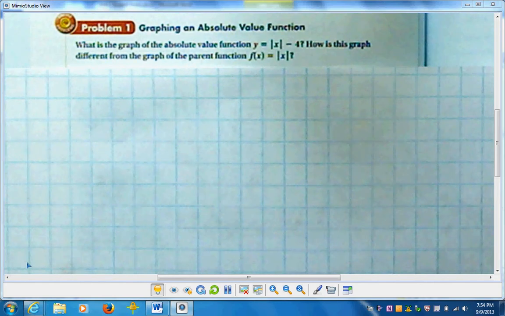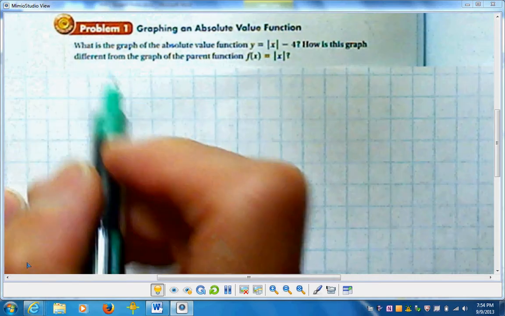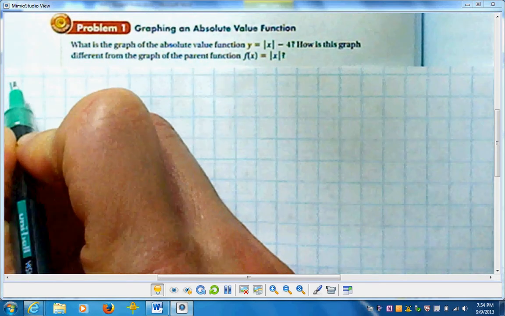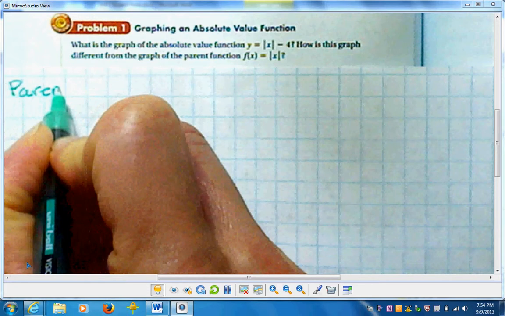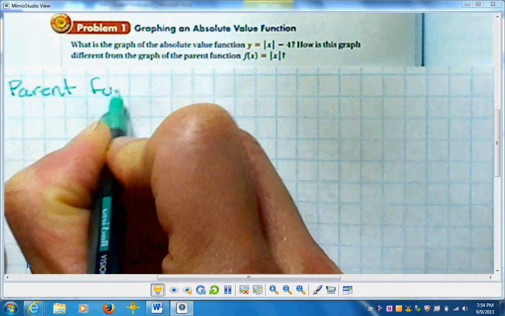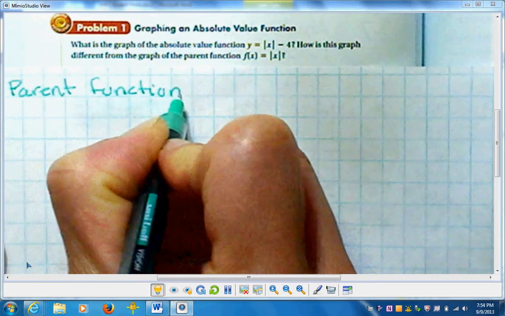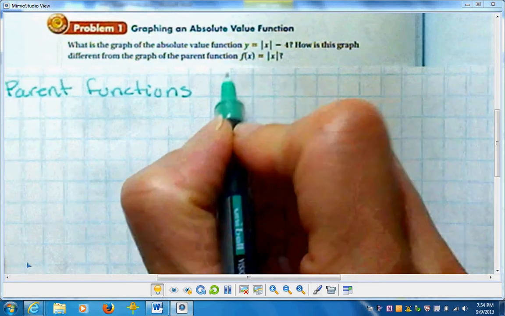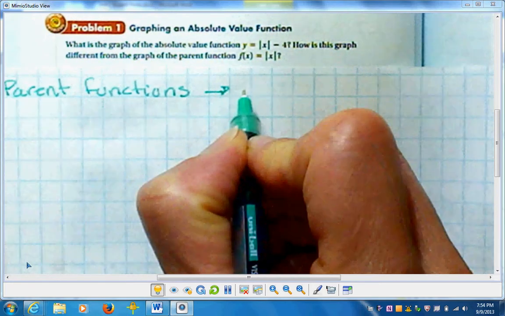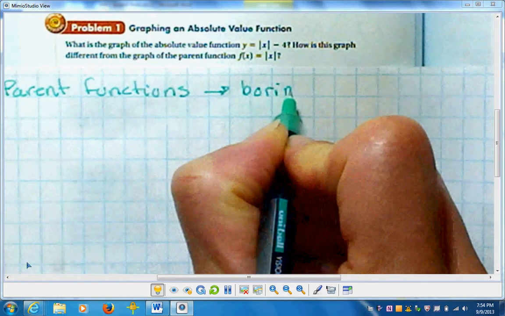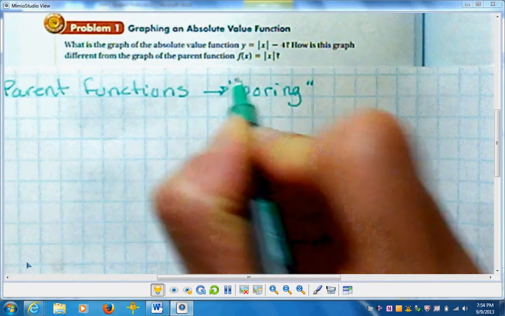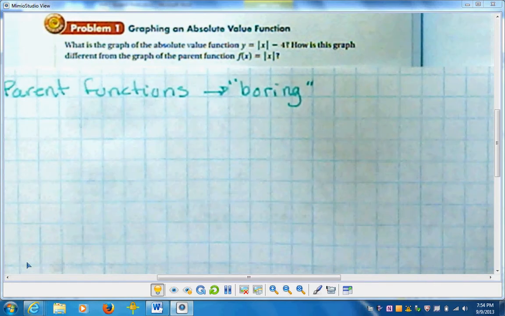Okay, so what I want you to think about is parent functions, and there are many of them. Parent functions, well, parents are boring. That means there's not a whole lot going on with that function.